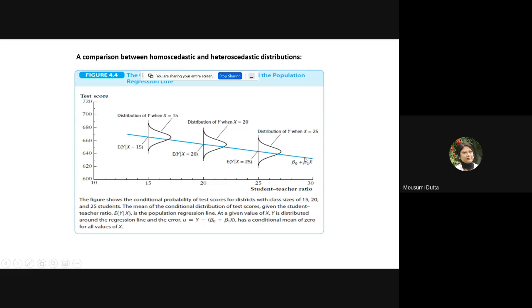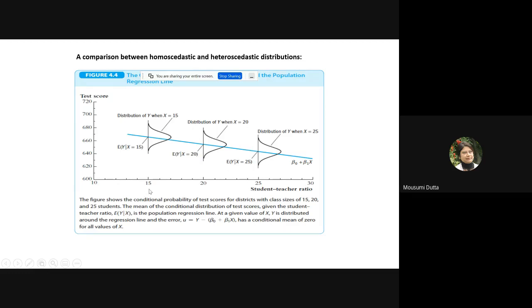This blue line is the fit, and there are scatters around it. We have considered 3 distributions of scatters around the line. You can draw thousands of distributions because scatters are there everywhere.